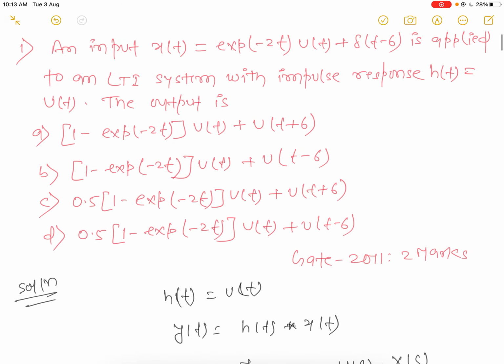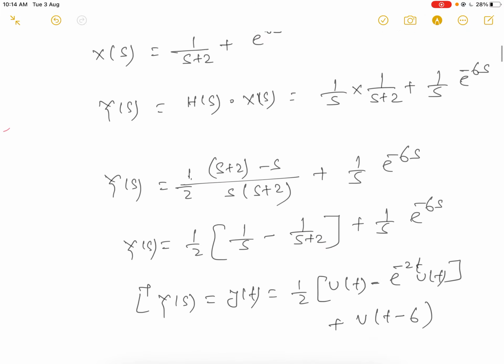Where is the half? Here. In both, half is here, and here is the 0.5 and exponential in option D and u(t minus 6). So the right answer will be option D. Okay, I'm confirming it. Yeah, option D will be the right answer.